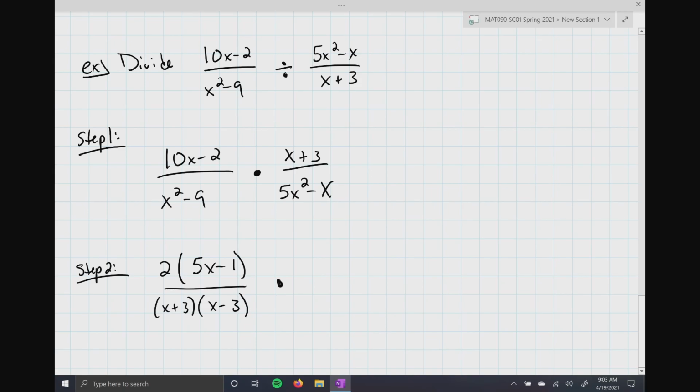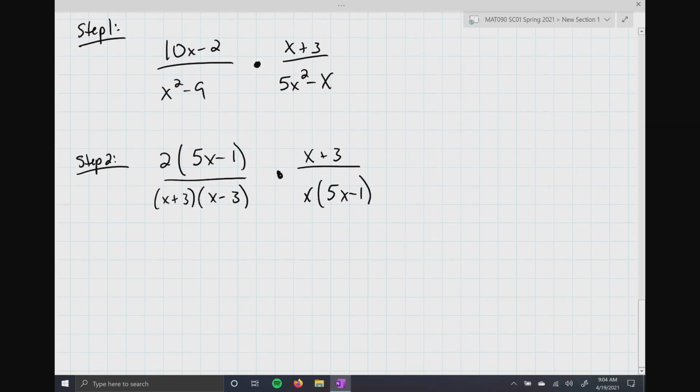For the second fraction, the numerator x plus 3 does not factor. There's no GCF or anything. And then for the denominator, the second fraction, I can factor out an x. Okay, and that's going to give me 5x minus 1.